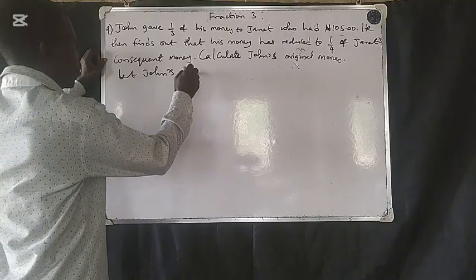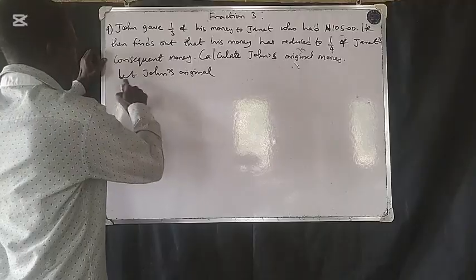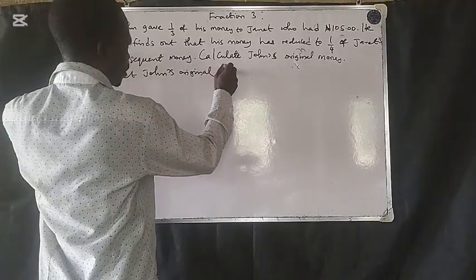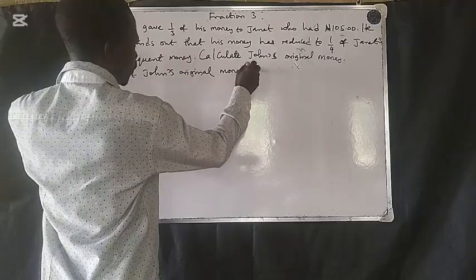So we say let John's original money, before he gives out any amount, equal x.